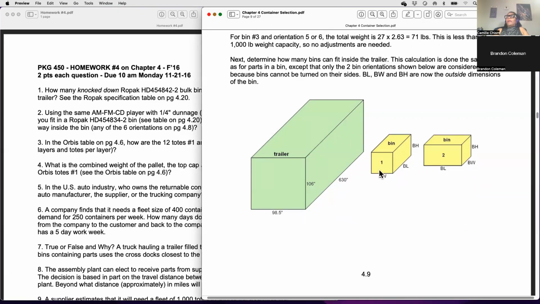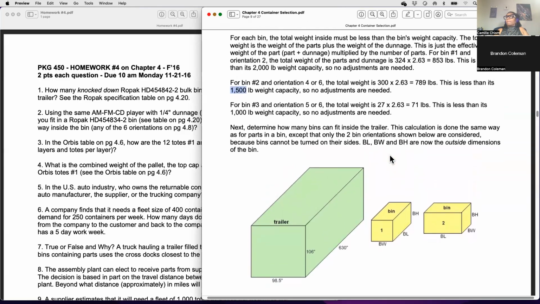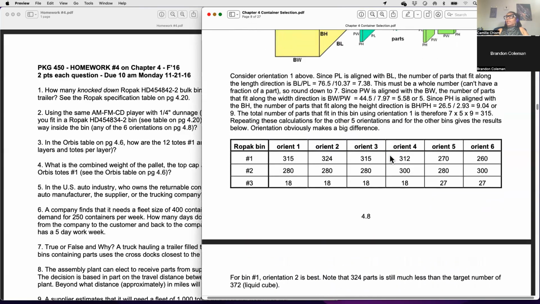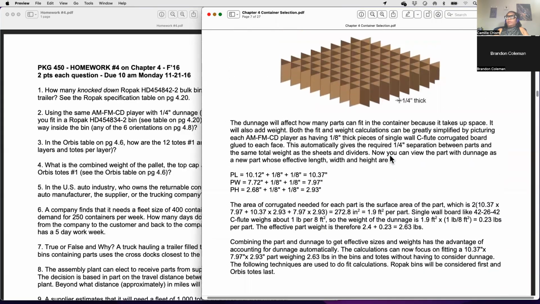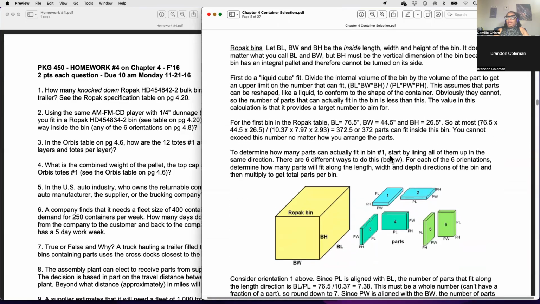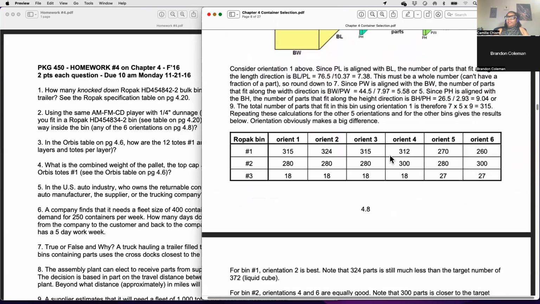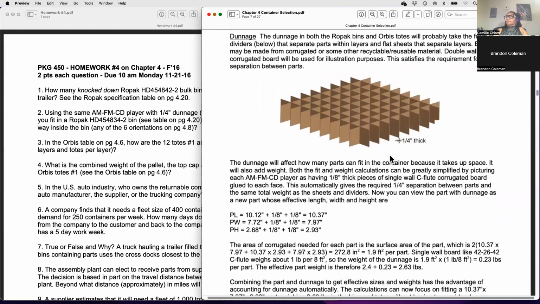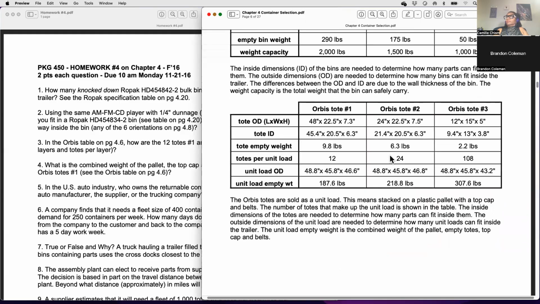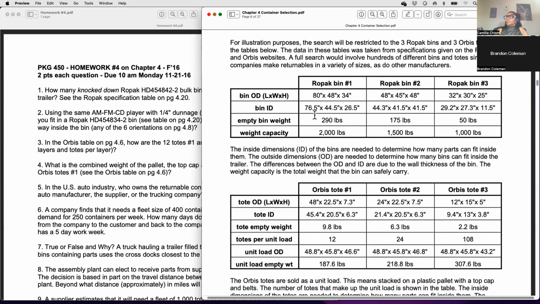But also keep in mind that instead of using the inside dimensions of the bin that you used to see how many parts fit, now you have to use the outside dimensions. So let's look at bin 1 again. So bin 1, when we were calculating the liquid cube and calculating how many parts would fit in a bin, we used the inside dimension, which is this, right?